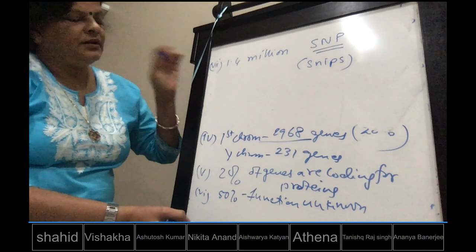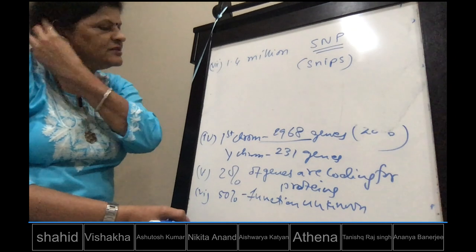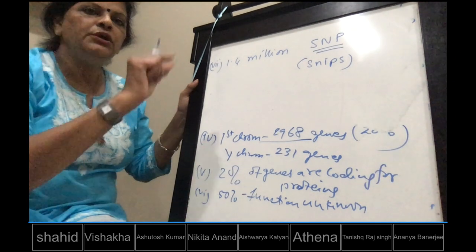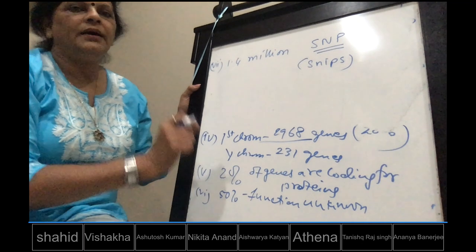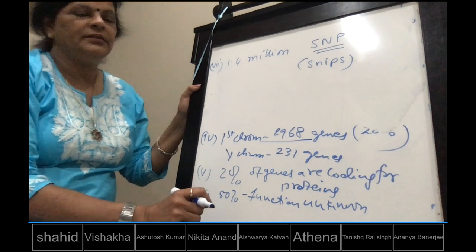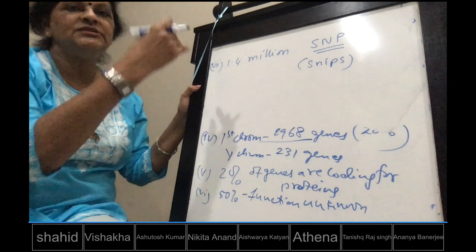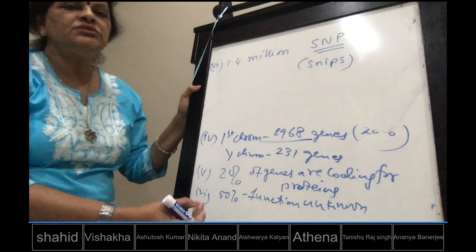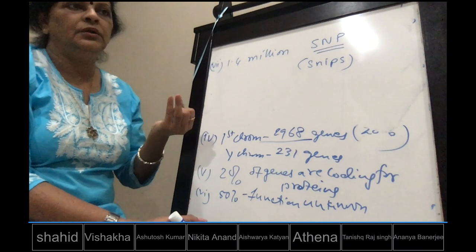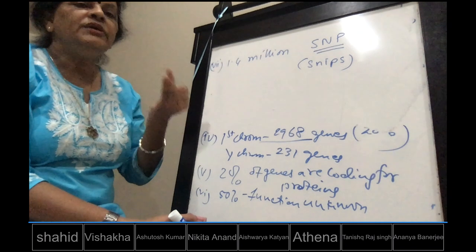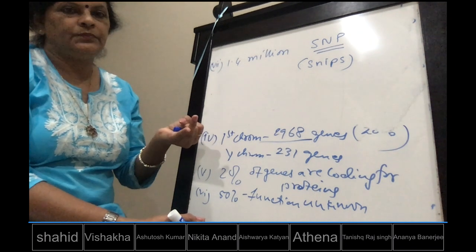So 1.4 million single nucleotide polymorphisms. Polymorphism means single nucleotide base pairs that are present, which are required to understand the trace of human history, how humans have come about. So they are used in studying the human history. And second, they are also helpful in finding out which genes are responsible for genetic disorders.